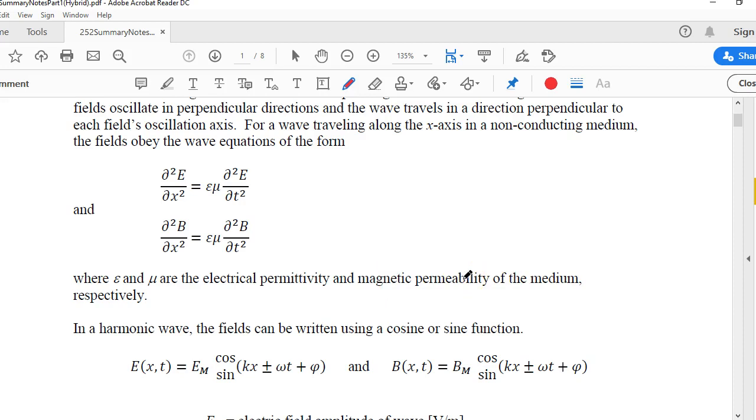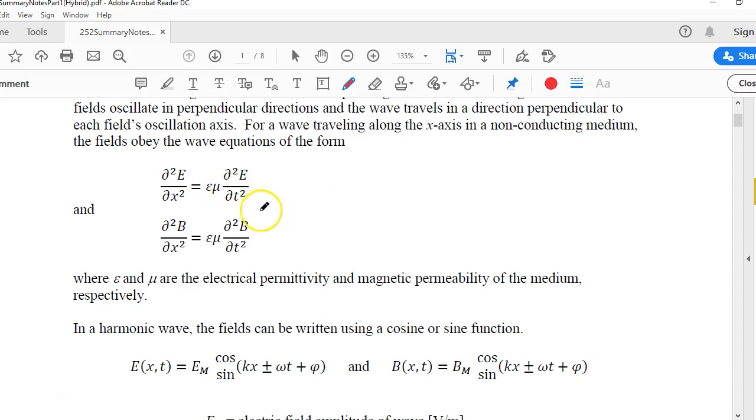It turns out these differential equations have the form of what we call wave equations. These are recognized partial differential equations in physics for waves. If you set up a wave on a string and analyze the displacement of a point on the string as a function of position along the string, which we'll call x, and time t, you would get a similar differential equation.